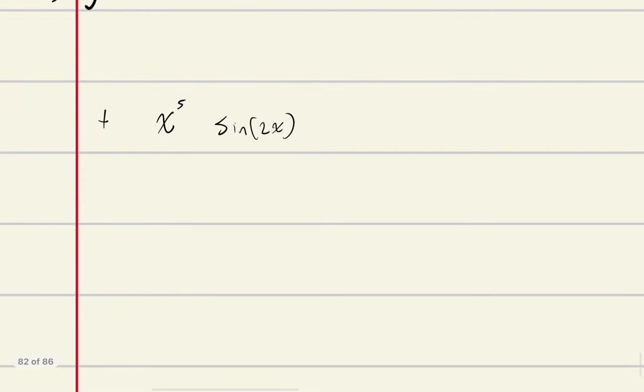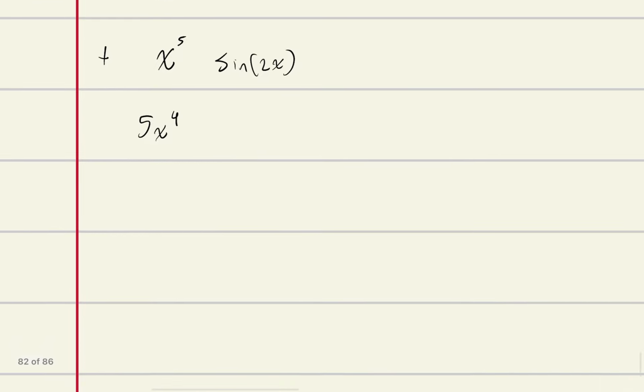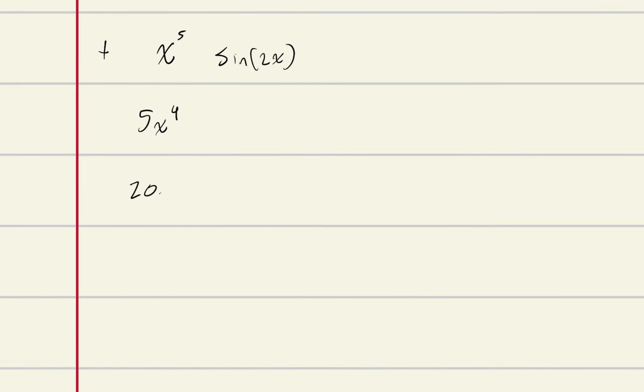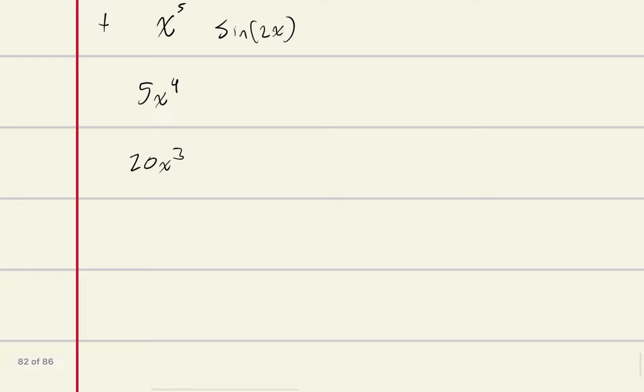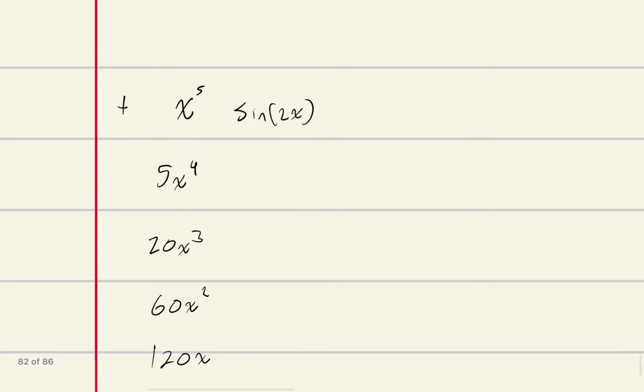Next, we can take the derivative of x to the 5th, and we can keep taking that derivative until we reach 0. So we get 5x to the 4th, then we get 20x to the 3rd, and we get 60x to the 2nd, and we get 120x, and we get 120, then we'd get 0.